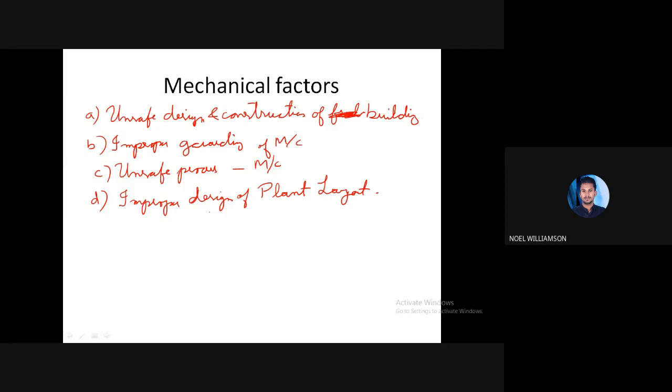Suppose the plant layout is not designed in a proper manner, then it may create certain accidents, like while shifting one piece of equipment from one place to another, or when material handling is done. If the layout is not proper, then it may create some accidents. So the improper design of plant layout is the fourth point.